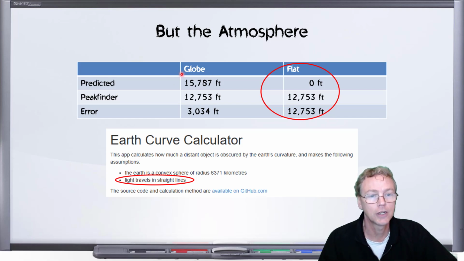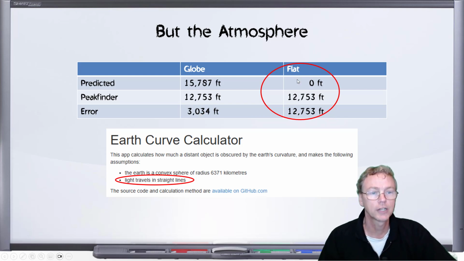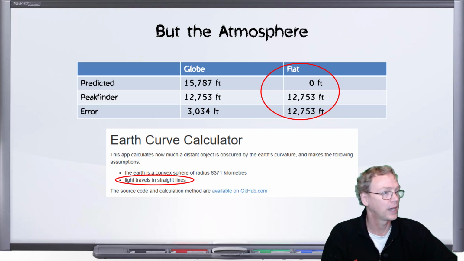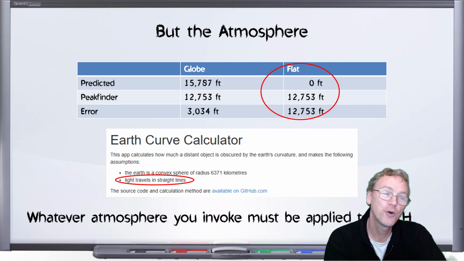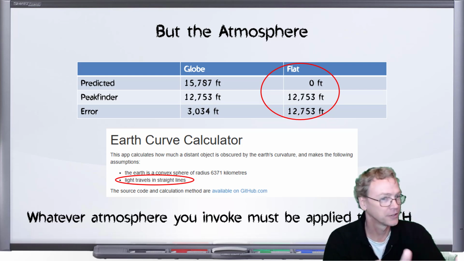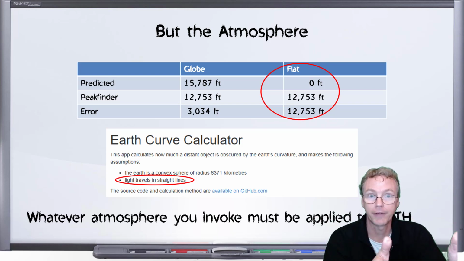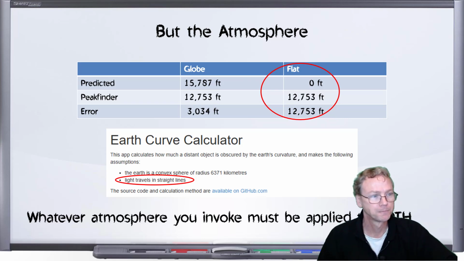This calculation here that we have used for this table has no refraction. If we want to look at what refraction does, we can do that. Whatever atmosphere you want to invoke for your side, we're going to want for our side too. It's just fair, right? If you get it, we all get it. Okay.